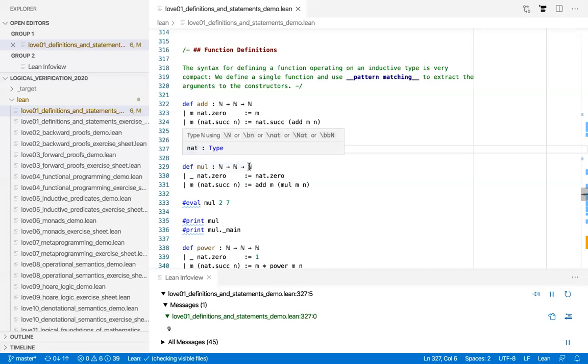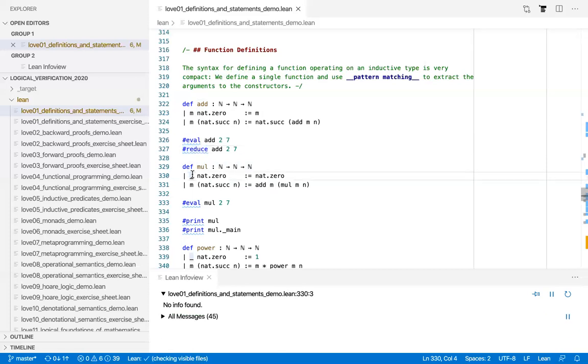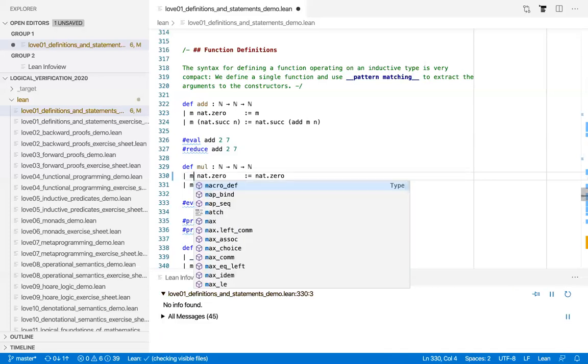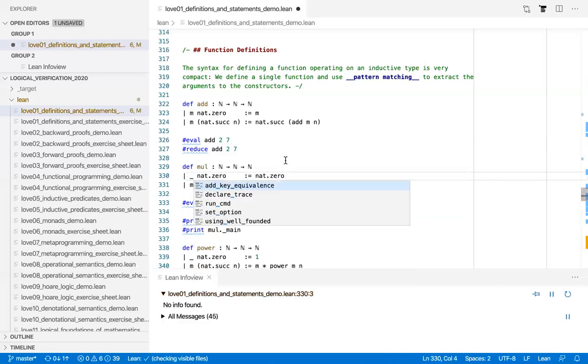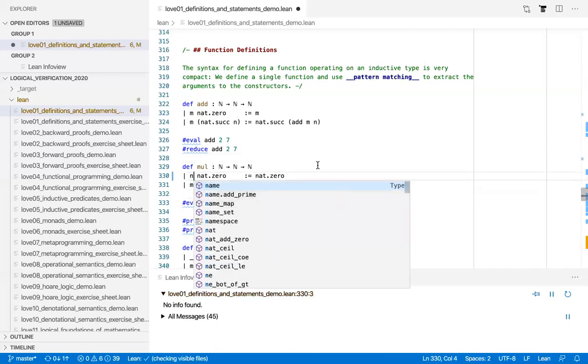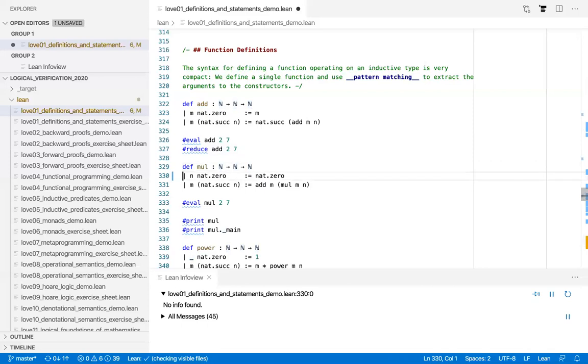Okay. Then we define multiplication a bit in the same way. And you see when we don't use a variable on the right-hand side, we can use a placeholder, but I could also call it m if I wanted, it doesn't matter. Or I could call it n, so it doesn't have to be the same name as on the following line, right?